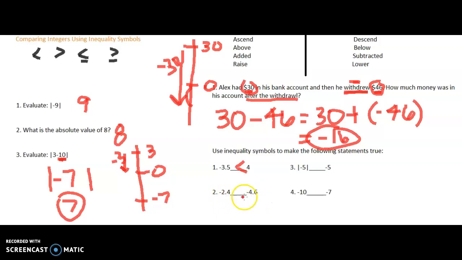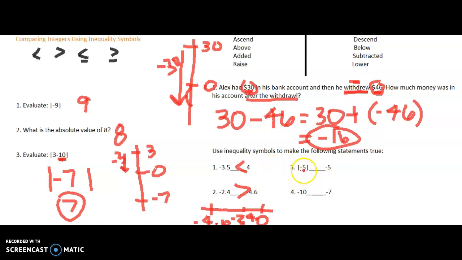Here we are dealing with 2 negatives, so we're going to have to look at which one is closer to 0. So on a number line, if I'm looking at whatever is closer to 0, the -2.4 would be closer to 0 than the -4.6. So because of that, we know that the -2.4 is greater. The next one, for number 3, we have an absolute value symbol here.